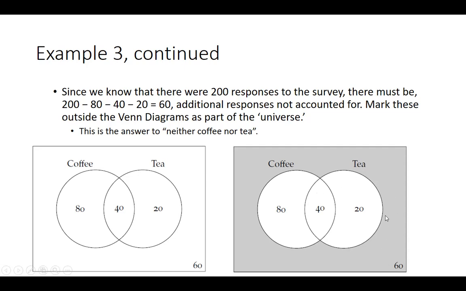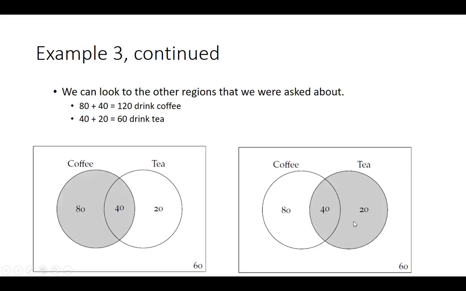This is also the answer to neither coffee nor tea. That was part of the question that we had to answer. So 60 there. The other regions we were asked about were how many people drink coffee, how many people drink tea. If we add together the 80 and the 40 to get the full coffee circle, that gives us 120 coffee drinkers.